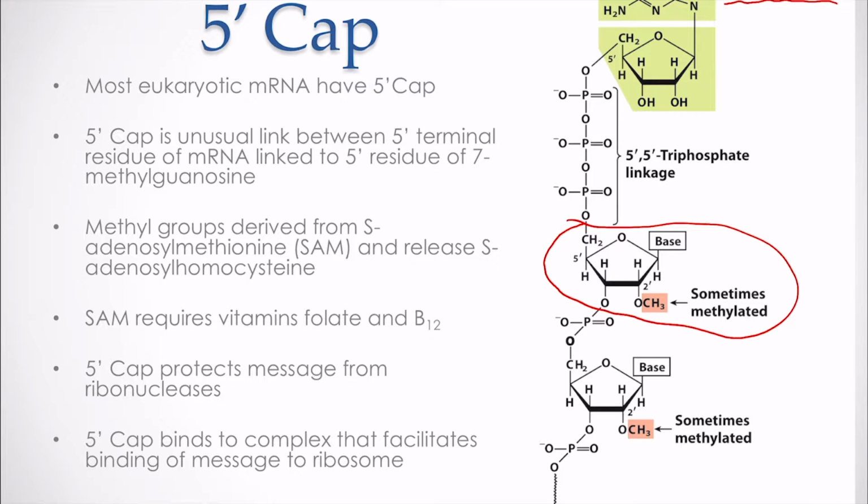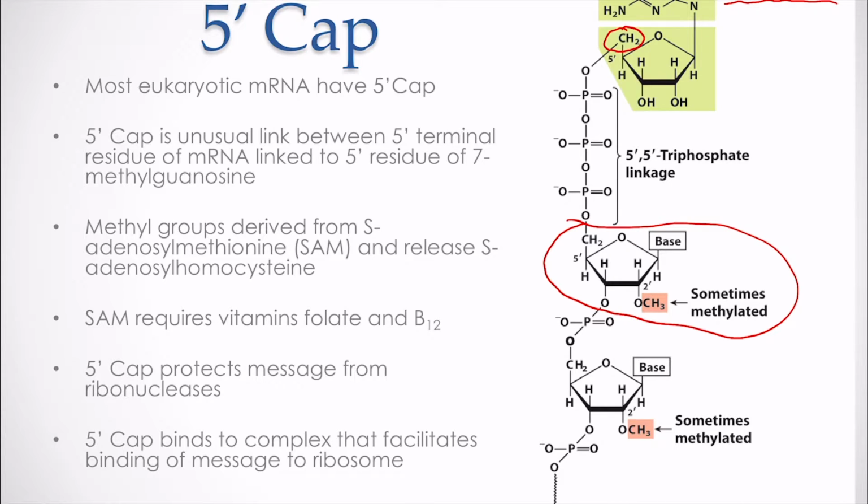And this guanosine is going to attach to the 5' end of our messenger RNA at the 5' carbon in the ribose. And so this is a 5' terminal of the messenger RNA linked to a 5' residue of a 7-methyl guanosine.